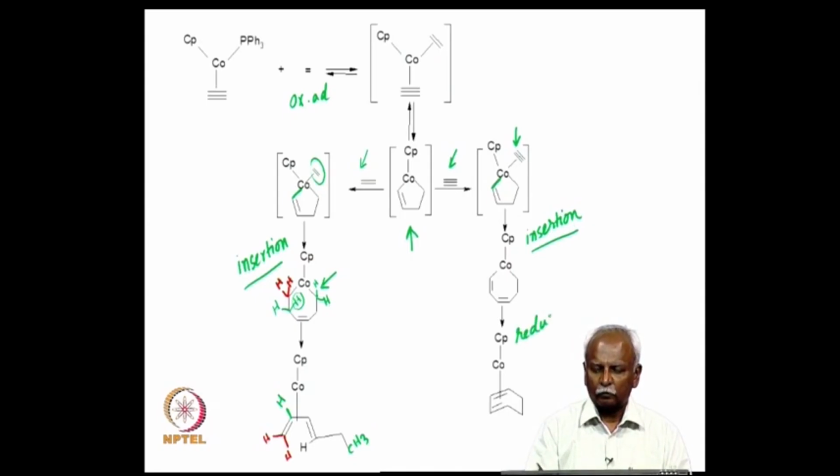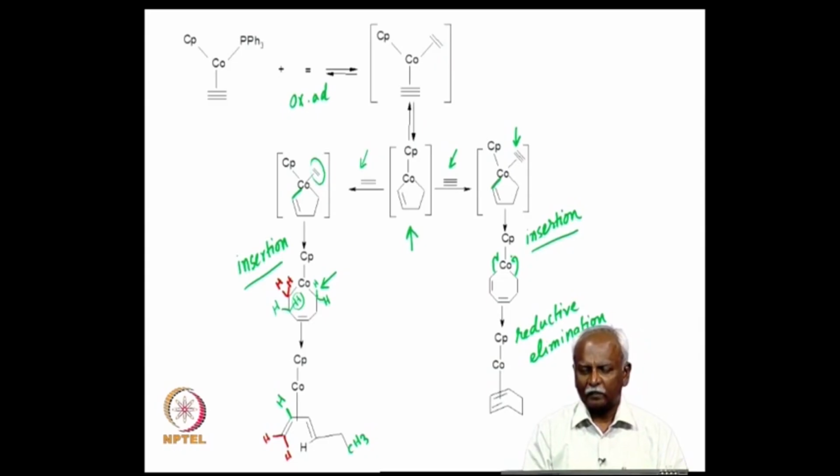So, you now have the reductive elimination, and to understand the reductive elimination, you can think of the cobalt taking back one electron from this bond in such a fashion that cobalt 3 becomes cobalt 1 again, and you have the formation of a cyclohexadiene at the end of the reaction.